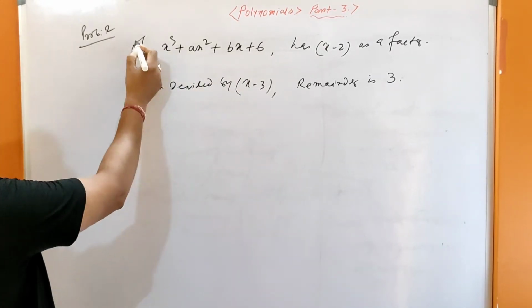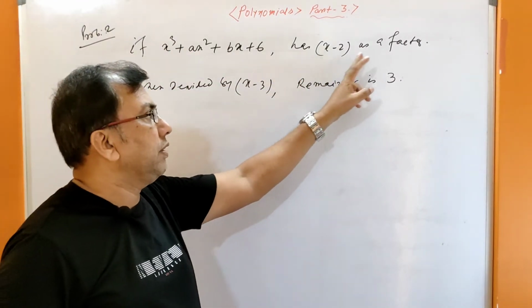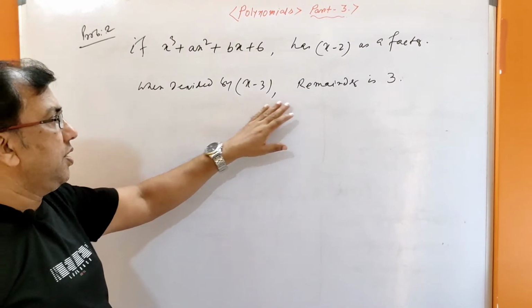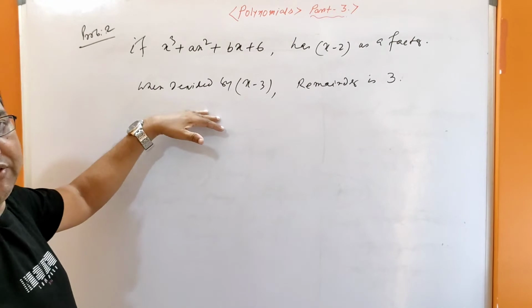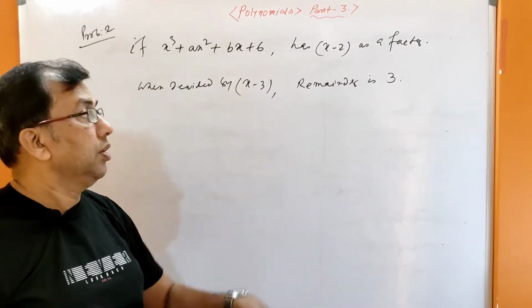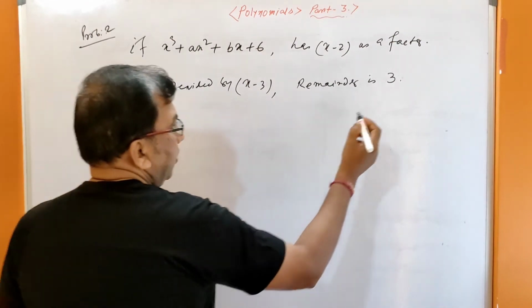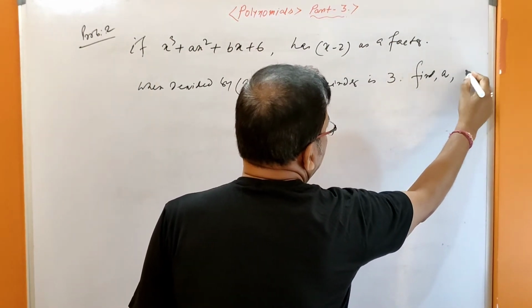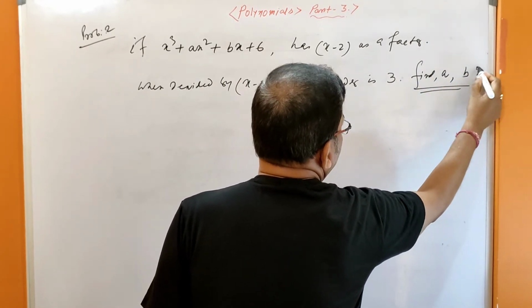If this has x minus 2 as a factor and when divided by x minus 3 it leaves the remainder 3, find the values of a and b. You have to find a and b. This is the question.